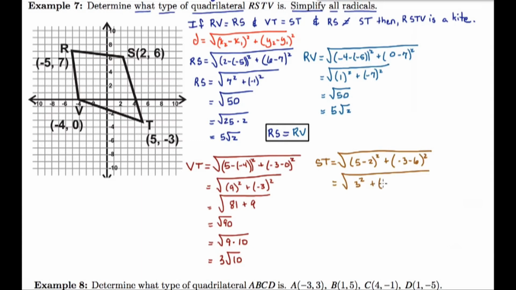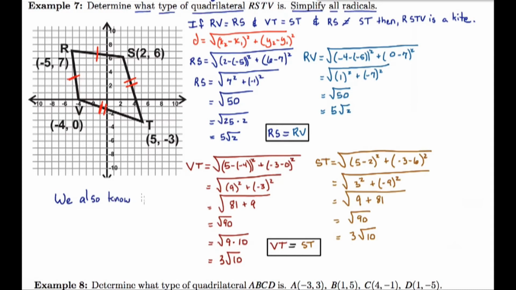Now if it equals the same thing, then we know that these two adjacent sides are congruent, and they are. So we just have to show here that these two adjacent sides, RS and ST, are not congruent, which they're not. 5 root 2 is not congruent to 3 root 10, so RSTV is a kite. Okay, so let's finish this up.